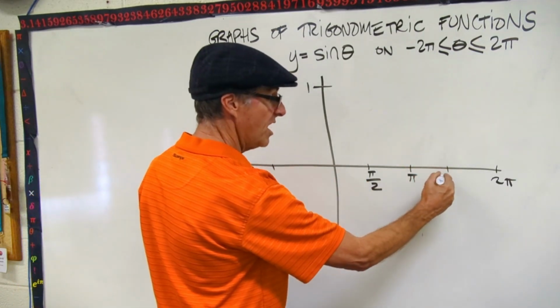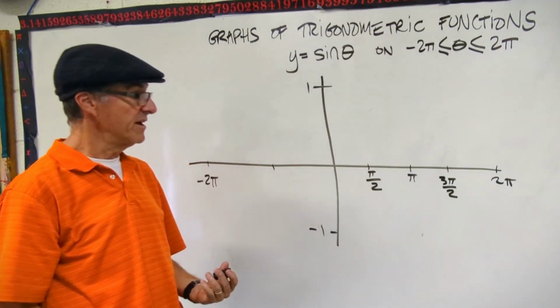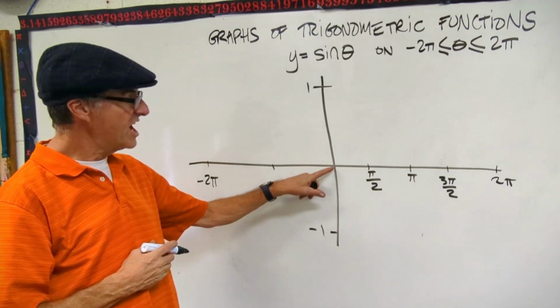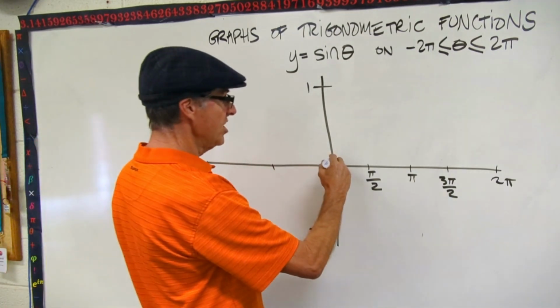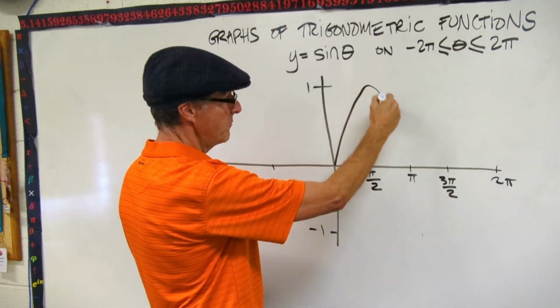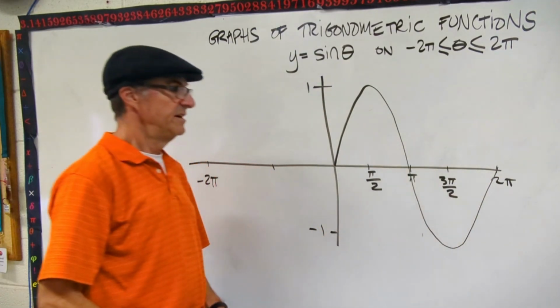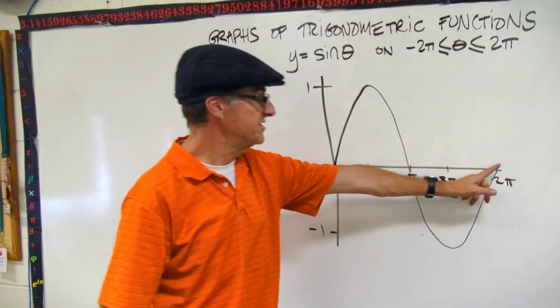And then at 3 pi over 2, sine theta is down at negative 1. So now I have everything I need to draw this curve. What is sine 0? Sine of 0 is also 0. So we're going to go up to the peak, back down through pi, down to the bottom, and then back up. So that's a graph of sine theta from 0 to 360.